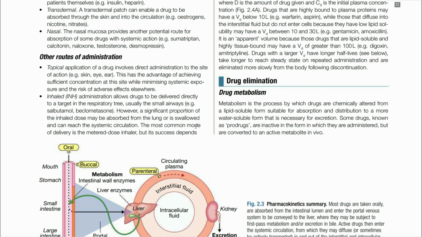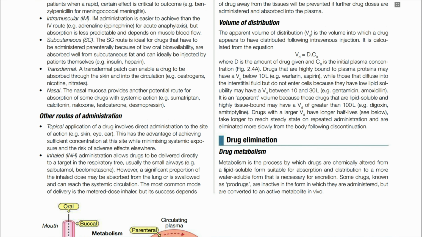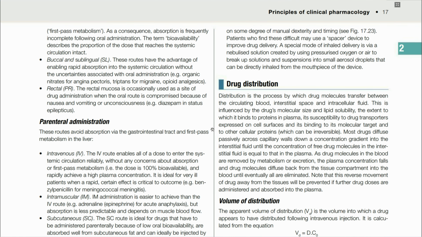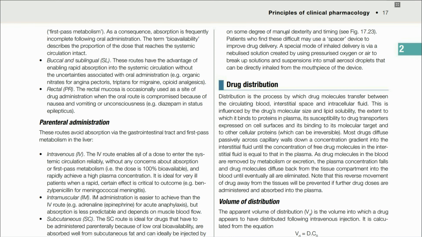The most common mode of delivery is the metered dose inhaler, but its success depends on some degree of manual dexterity and timing. See figure 17.2. Patients who find this difficult may use a spacer device to improve drug delivery.